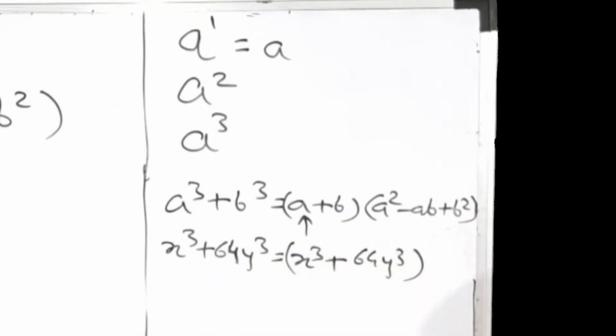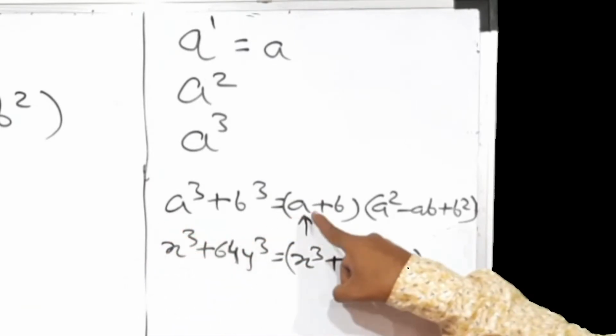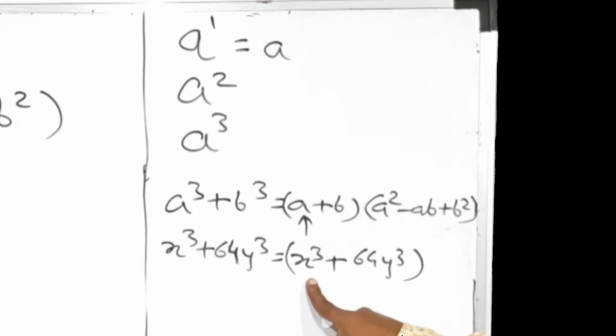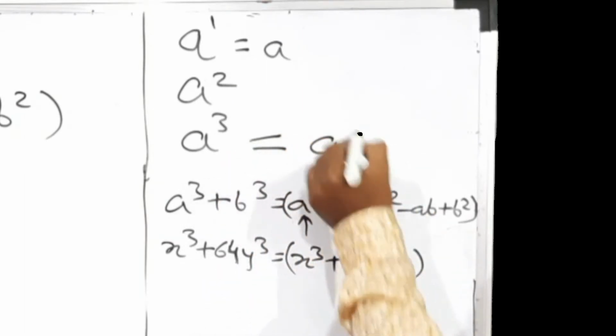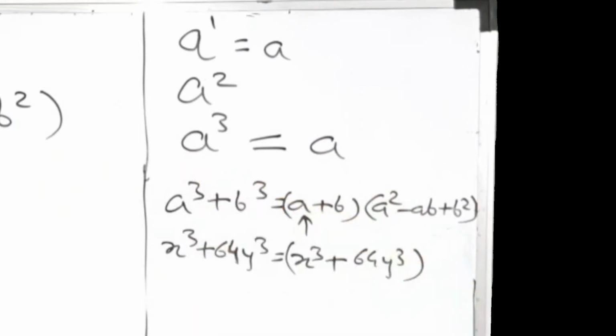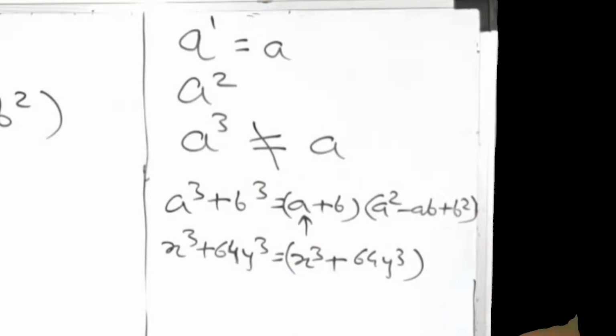Now students, is it possible that a cube is equal to a? It's never possible. A cube is never equal to a.